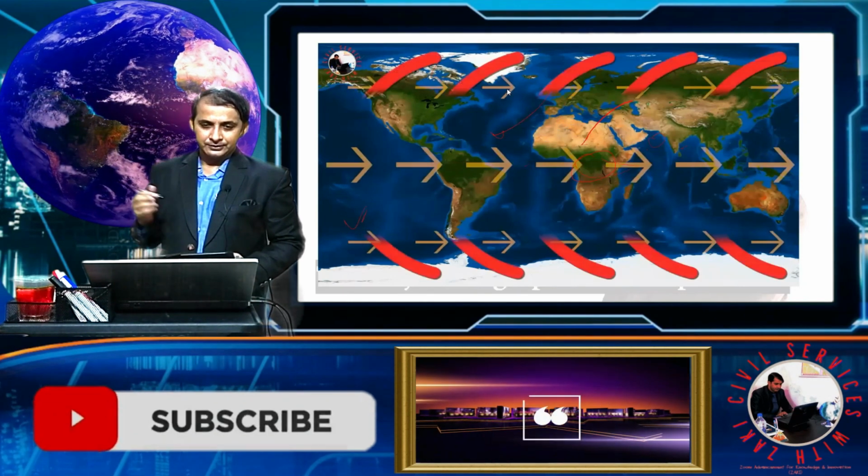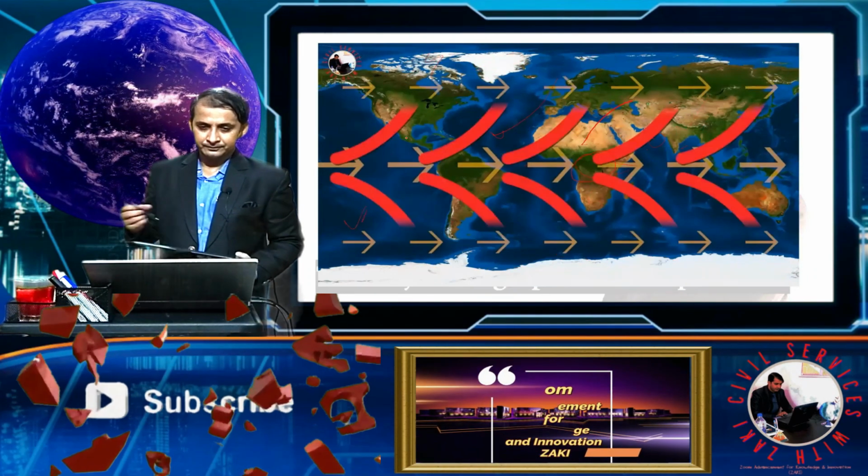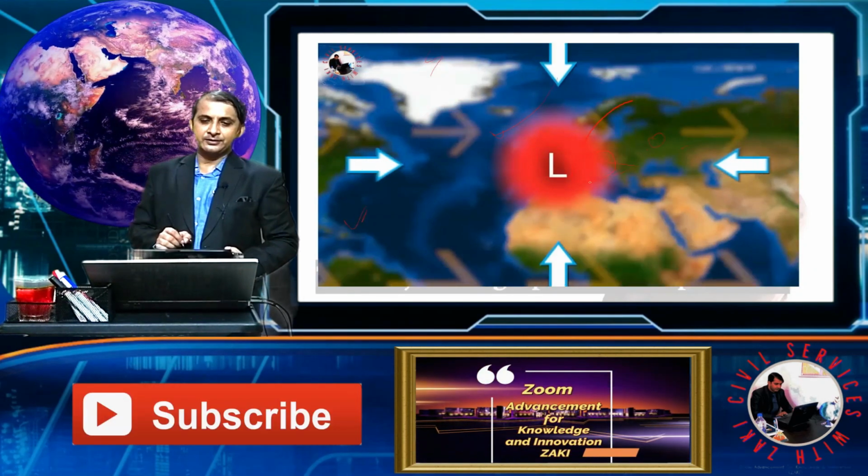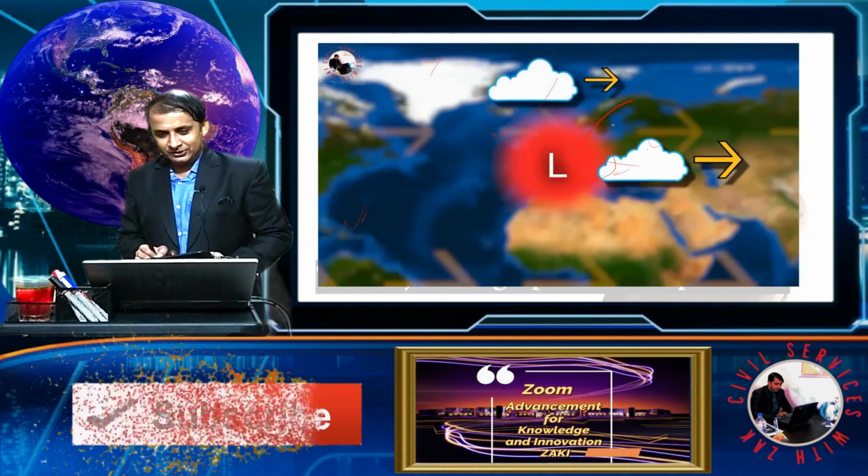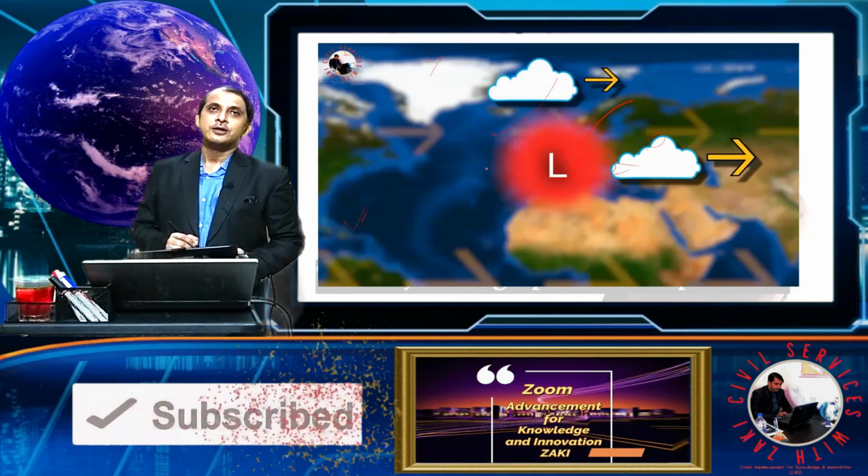And if we assume these winds are moving faster, so see here. If there is a low pressure belt near the northern hemisphere, then the air diverts eastward and this air from westward. So it creates a cycle in the anti-clockwise direction, as you see in the cyclone.